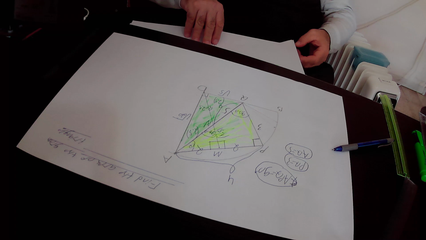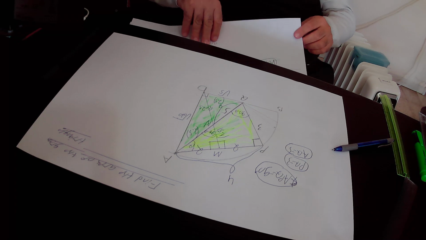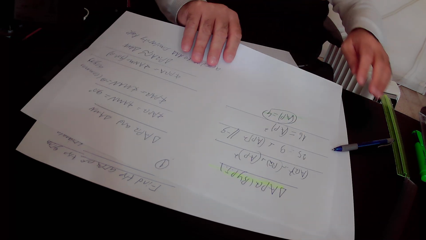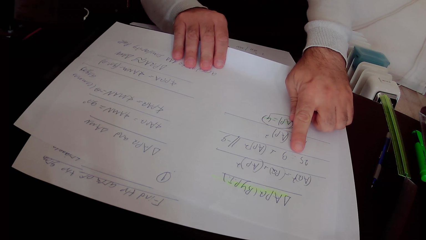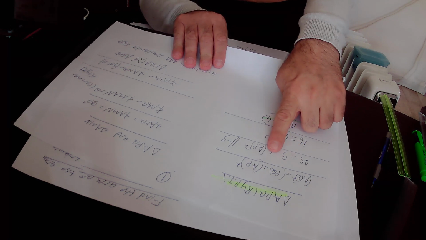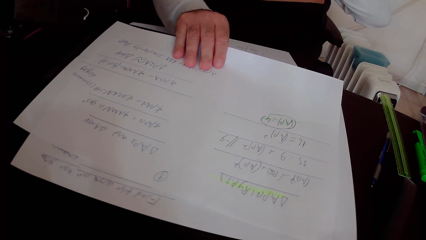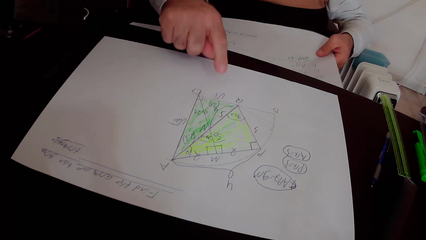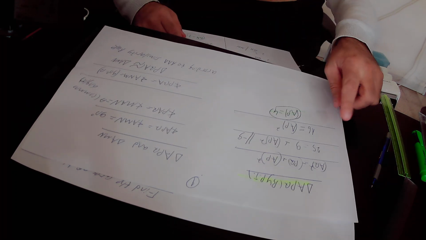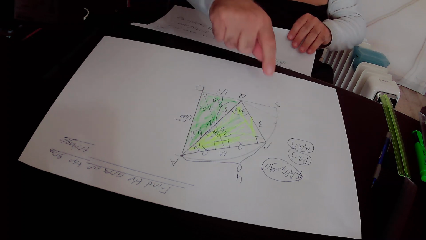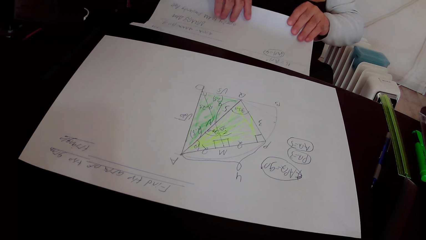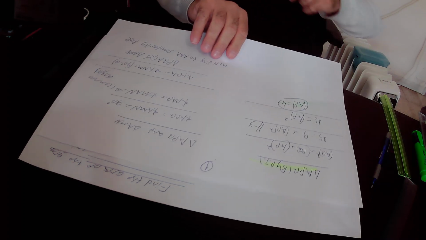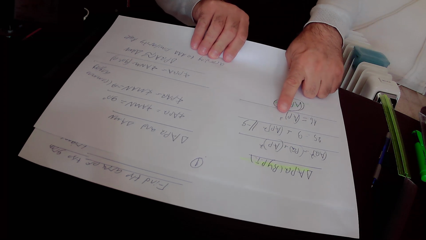I repeat again, in the right triangle, according to the Pythagoras theorem, AQ square equals PQ square plus AP square. AQ is 5, therefore AQ square is 5 square, that is 25. PQ is 3, therefore PQ square is 3 square, that is 9, plus AP square.